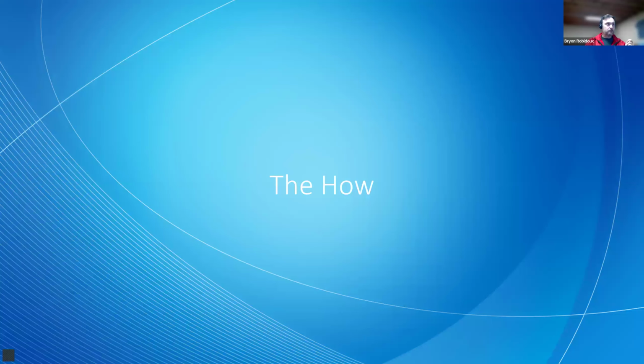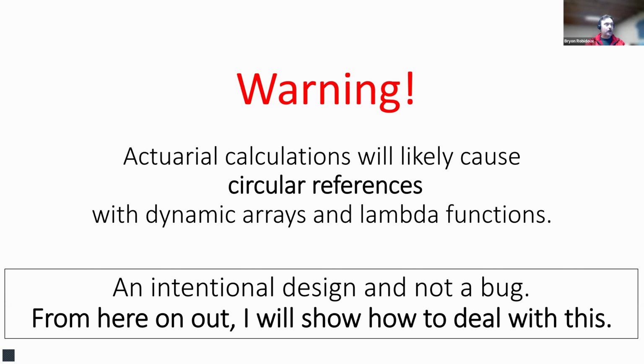Okay, so now that I gave you all the cool things you can do with it, and I hope that I enticed you to want to dig into this after the presentation, now we need to get into the how. Warning: actual calculations with this new functionality will likely cause circular references.